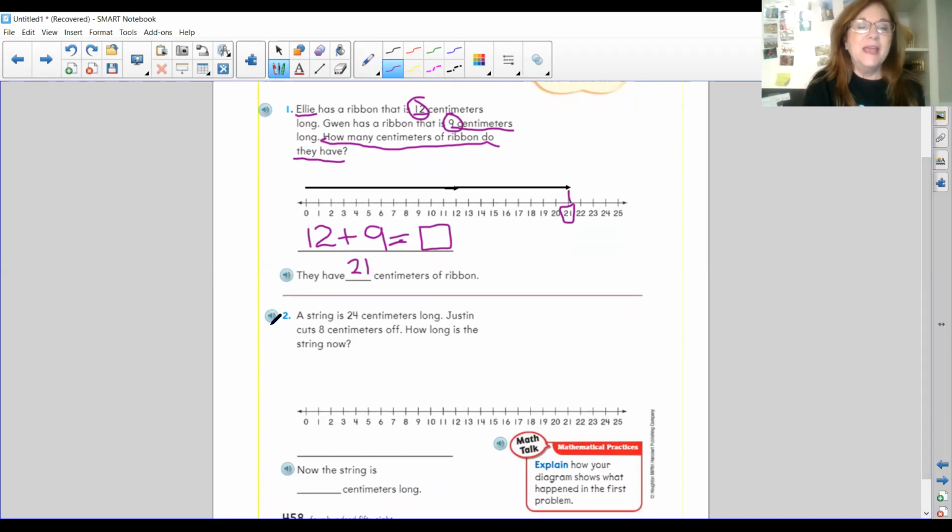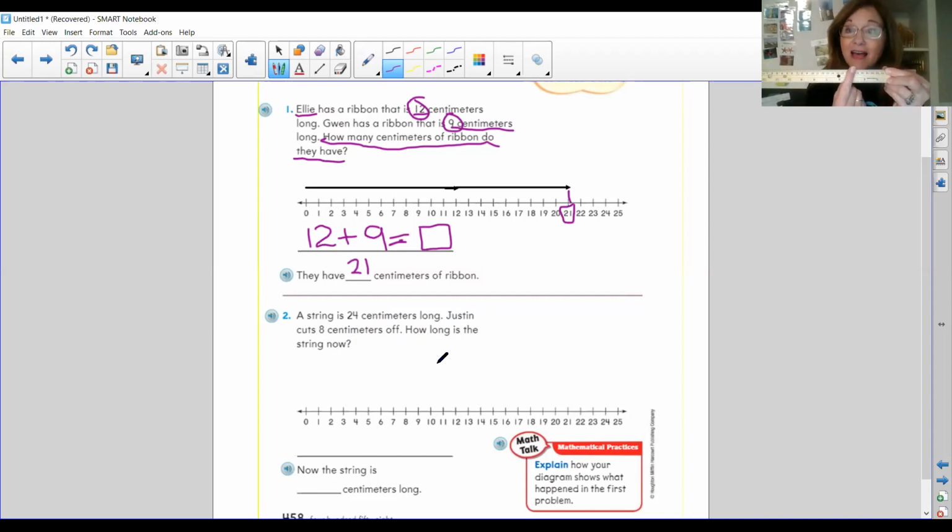Okay, so a string is 24 centimeters long. Justin cuts 8 centimeters off. So how long is the string now? Well, if you have a string that's 24 centimeters long, and 24 centimeters is about this long, and you cut some of it off, will you have more or less?